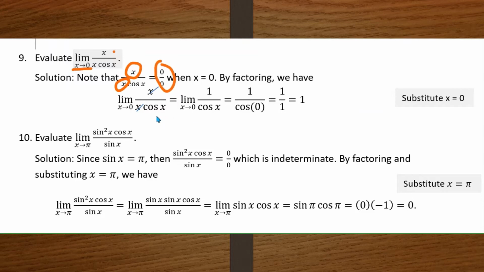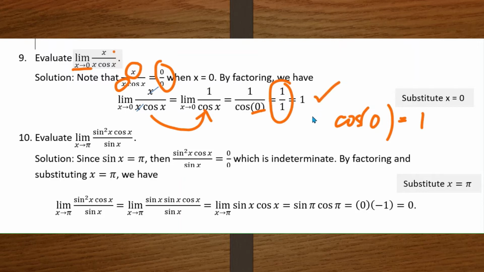Therefore, from x over x cosine x will become 1 over cosine x. Now we let x be equal to 0, so that will be 1 divided by cosine 0. And remember that cosine 0 is equal to 1, so substitute. So 1 divided by 1 is 1. So the limit is 1.